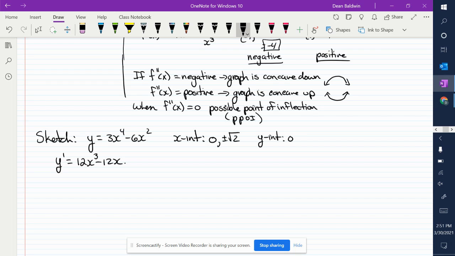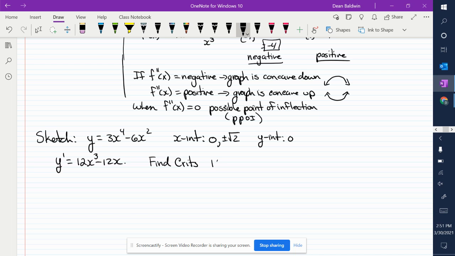Okay, so once you have the first derivative, what do you find? Critical numbers, okay? So find your crits. How do you find your critical numbers? Set it to 0.